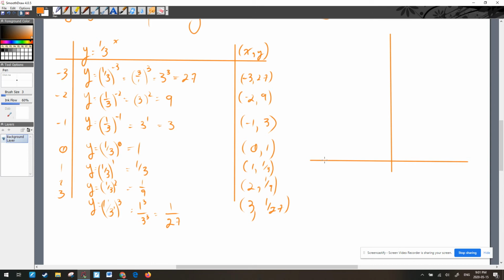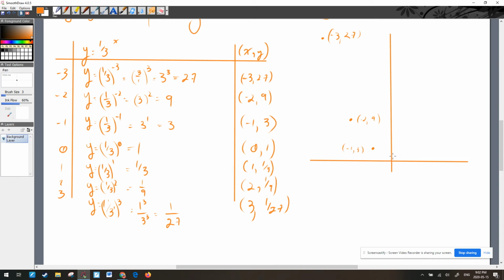So -3 and 27, way up here, right? So -3 and 27, there's that point. And then -2 and 9, so much lower, but still high. So -2 and 9. And then -1 and 3. There it is, so -1 and 3.